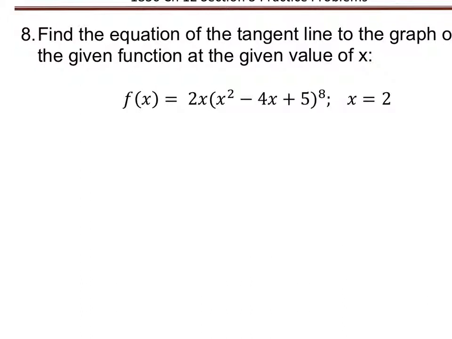And since I have y equals mx plus b, that means that 27 equals 2 times 2 plus b, and since 2 times 2 is 4, 27 minus 4 is 23, which is equal to b.